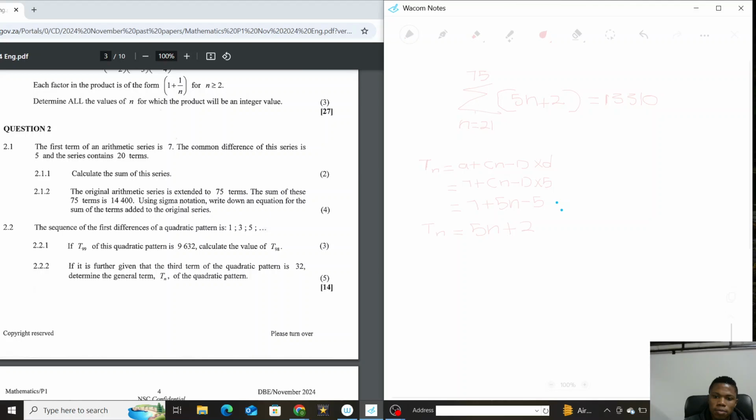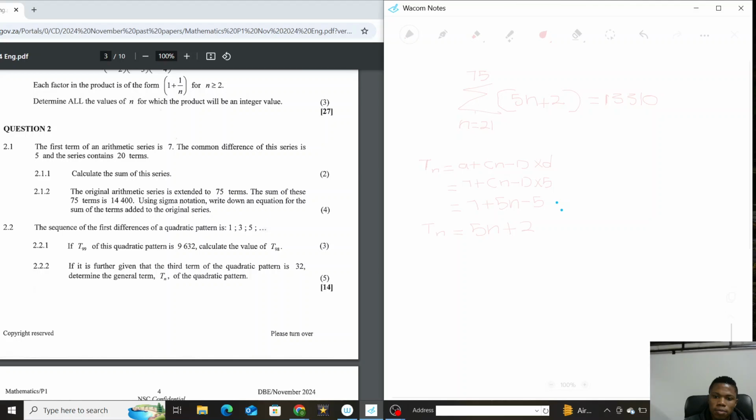Okay, I'm doing 2.2, and it says the sequence of the first differences of a quadratic pattern is 1, 3, 5, and it continues. So it means that here there is a number, I don't know it, here is a number, I don't know it, but there are differences.